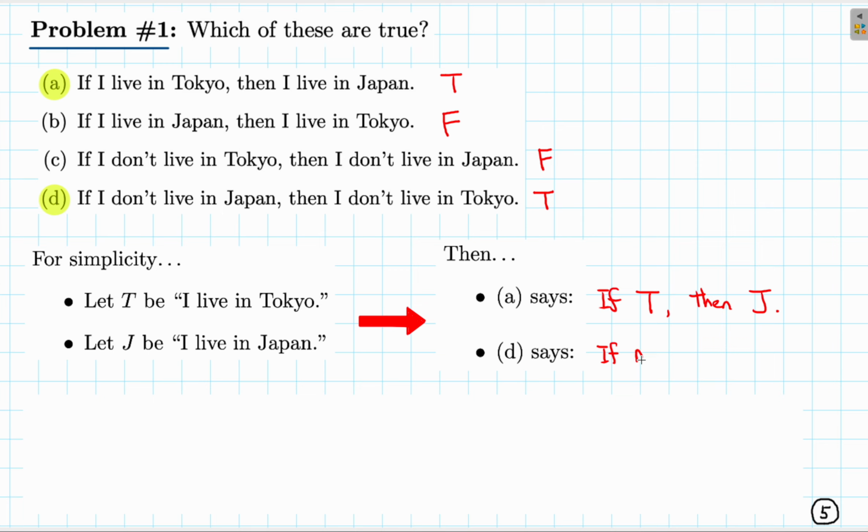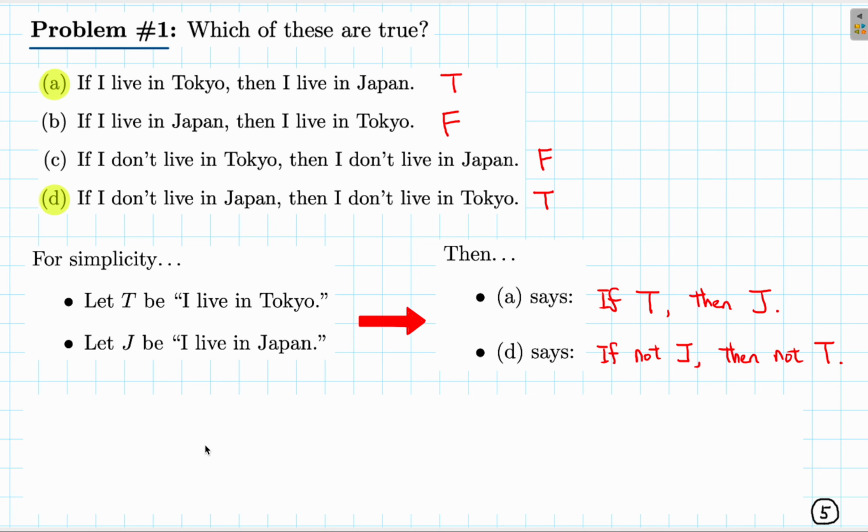So if not J, then not T. And so in order to obtain implication D from implication A, we swapped the hypothesis and the conclusion, and we negated both of them by putting a not in front.